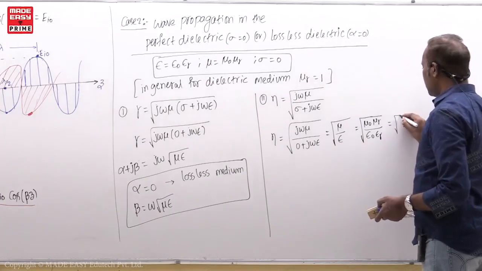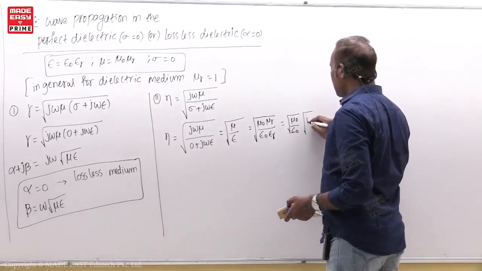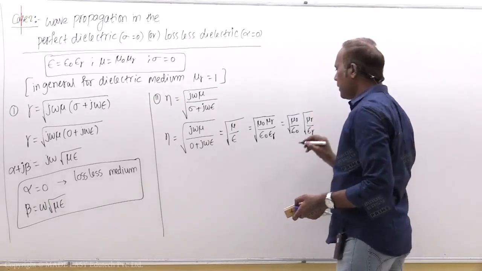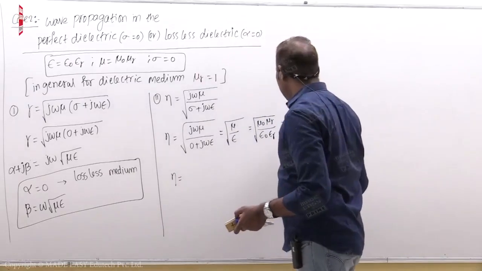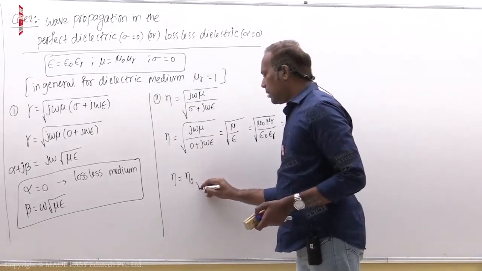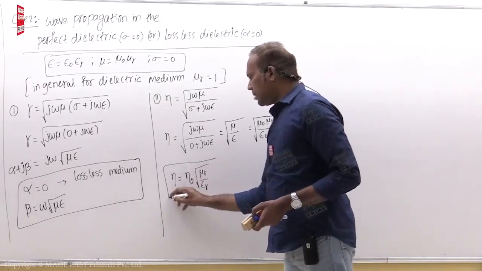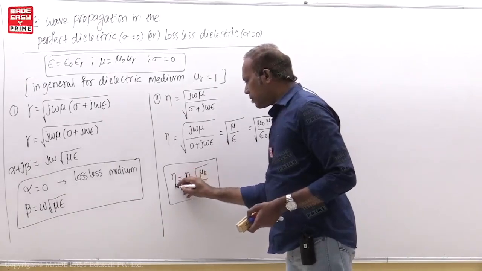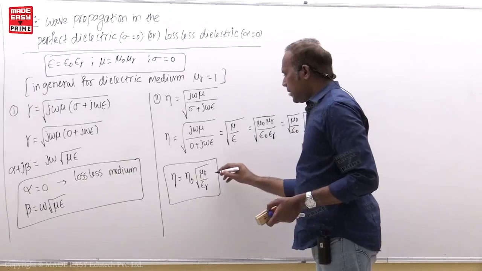So that is root mu naught by epsilon naught into root mu r by epsilon r. This is eta naught, that means 120 pi root mu r by epsilon r. So this is the intrinsic impedance for a perfect dielectric.